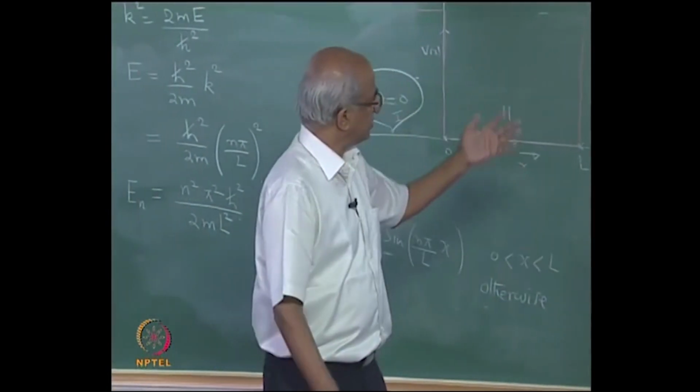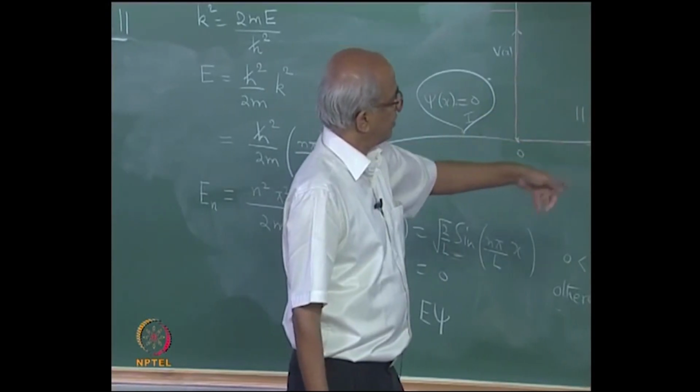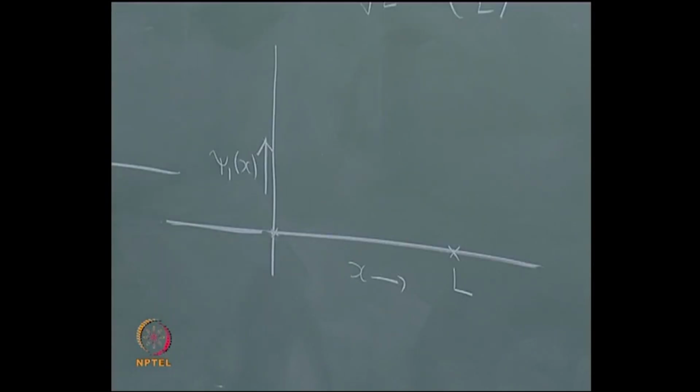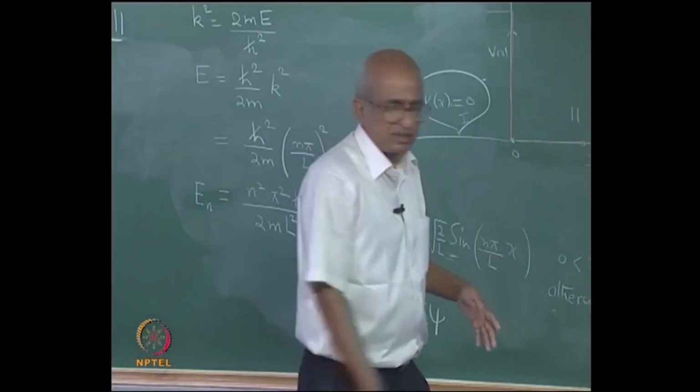What is of interest is the value of the function within this box. And sine functions, we know how they depend, they are sinusoidal, so to say, they represent waves.